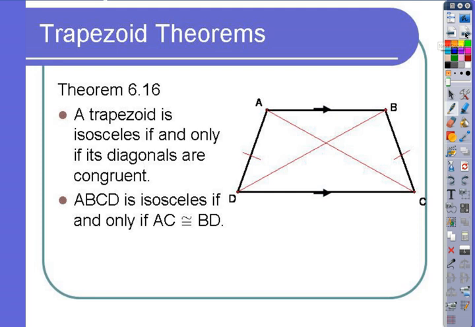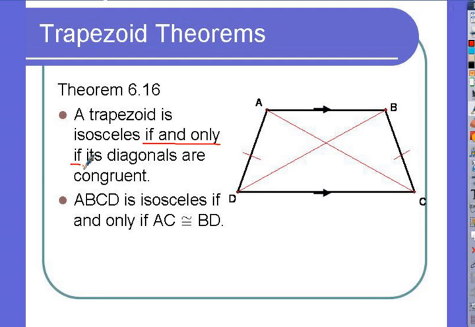Remember, in the rectangle, they were also congruent. Now, look, I want to point something out here. We see this statement again, if and only if. Remember that if and only if we always think of as being a bidirectional arrow. So I've got these two statements.